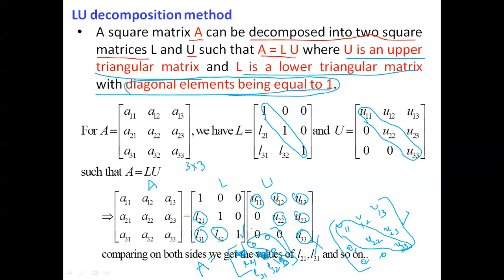Multiplying on the right hand side, comparing the elements with the left hand side and simplifying, we get all the elements of the lower and upper triangular matrices. That will be seen in the problem. So let's go to the problem first.